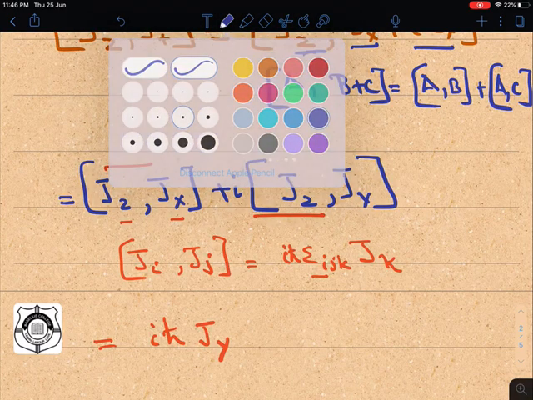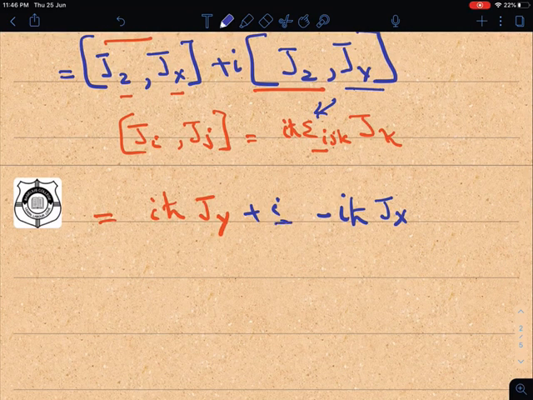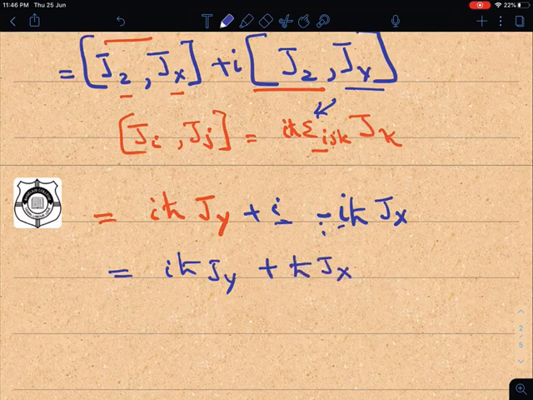Again for the next term, it is i [Jz, Jy]. This is an odd permutation and epsilon ijk becomes minus 1, so it will be minus iħ Jx. So this becomes i square, and i into i is minus 1, and with the minus already there, it becomes plus. So we can write this as iħ Jy plus ħ Jx.